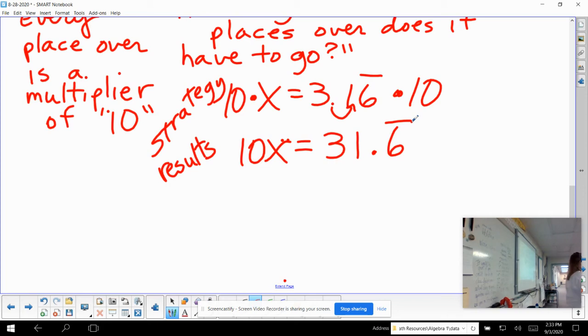So that's what needed to happen. That 6 with the bar over it needed to be by itself on the right-hand side of the decimal point. So we got that done. And we followed the math rules. That's our small equation.